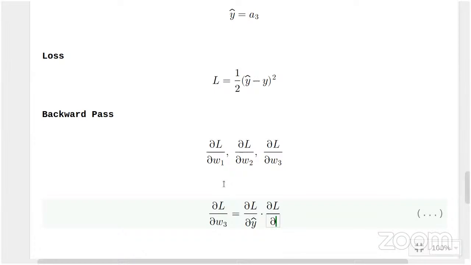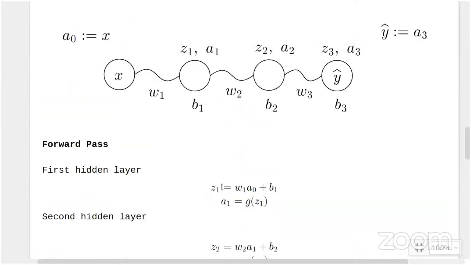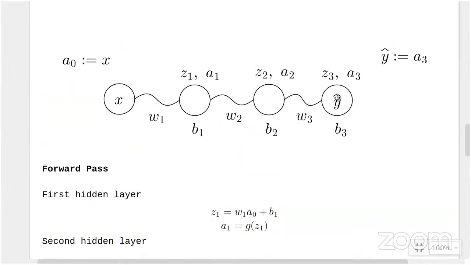Dou y hat by dou W3. Yeah, you are right. Is this step clear? If you understand this, then you understand backpropagation more or less. This is just chain rule in action. W3 influences y hat and y hat influences the loss. So if you want to find how W3 is going to affect the loss, I need to go via y hat.